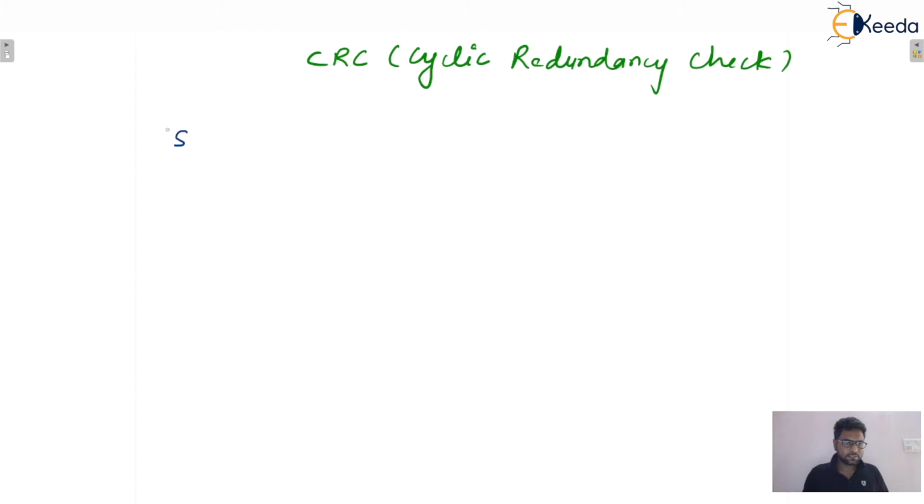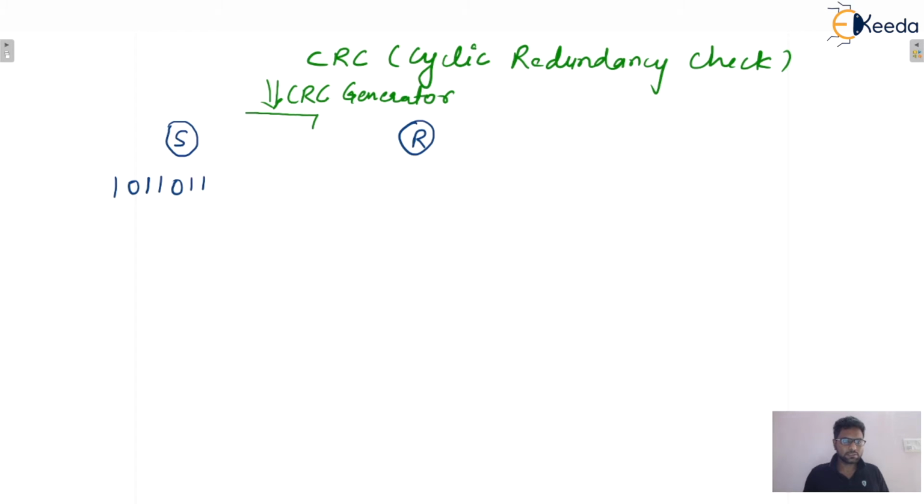Let's say there is one sender and one receiver, and the sender is going to send this data: 1011011. Now there will be one thing known as the CRC generator.